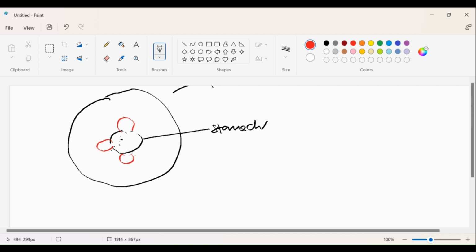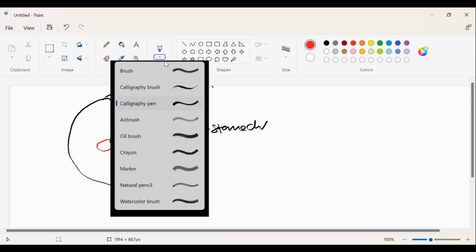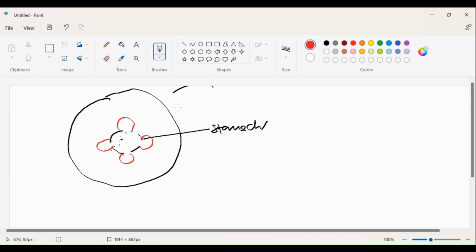These are the gastric pouches, and these gastric pouches have within them the gastric filaments.